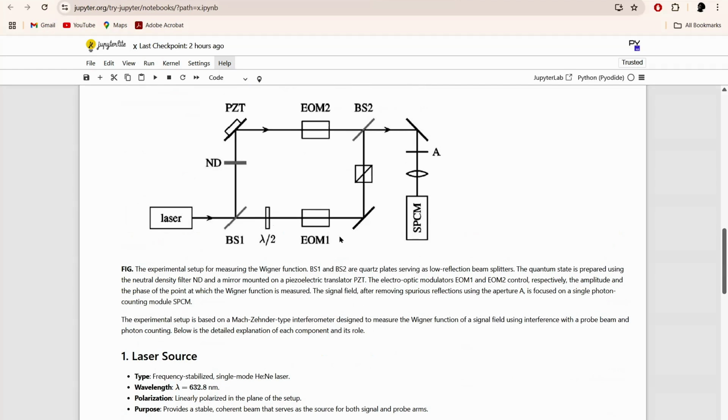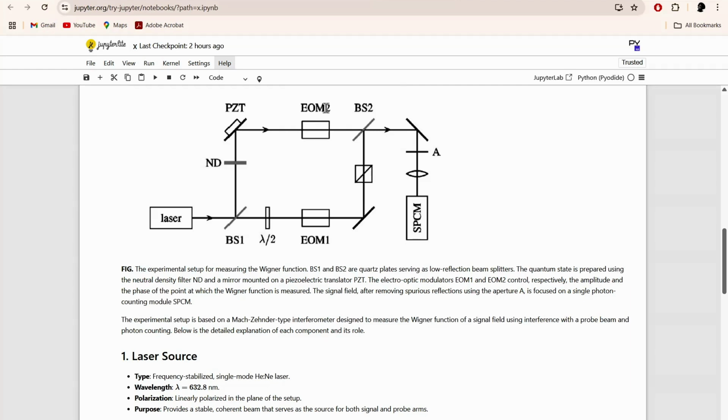As I have explained earlier, this changes the polarization of our beam, and the polarizer allows only a component of that polarization to pass. That's how we can modulate amplitude using these three components.